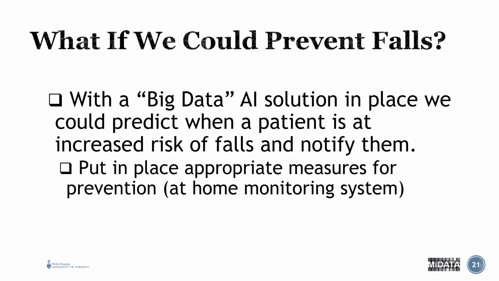Okay, so all of this to say, what if we could prevent falls? That'd be a big deal, right? We've just seen the impact. With a big data AI solution in place, we could predict when a patient is at increased risk of falls and notify them, right? So put in place appropriate measures for prevention, an at-home monitoring system, for example.